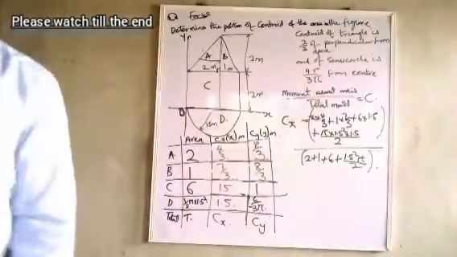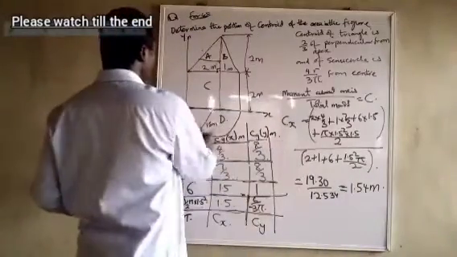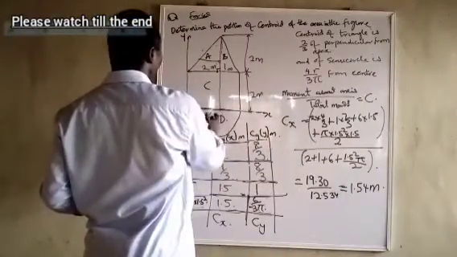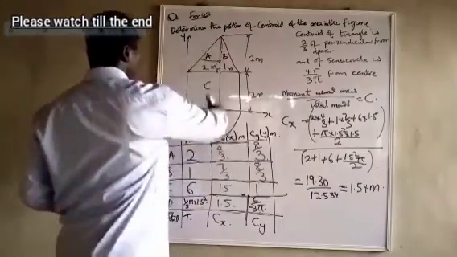Let me work that with my calculator. So my answer is 1.54 meters. That is, the center will be from this place 1.54 around this place. Now let's find it along this direction.